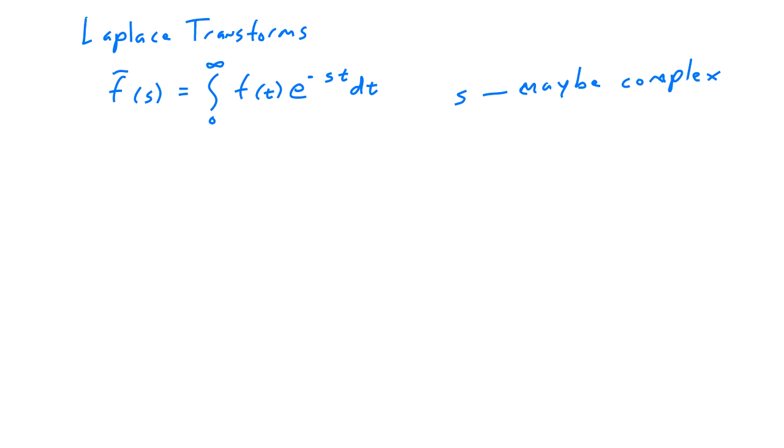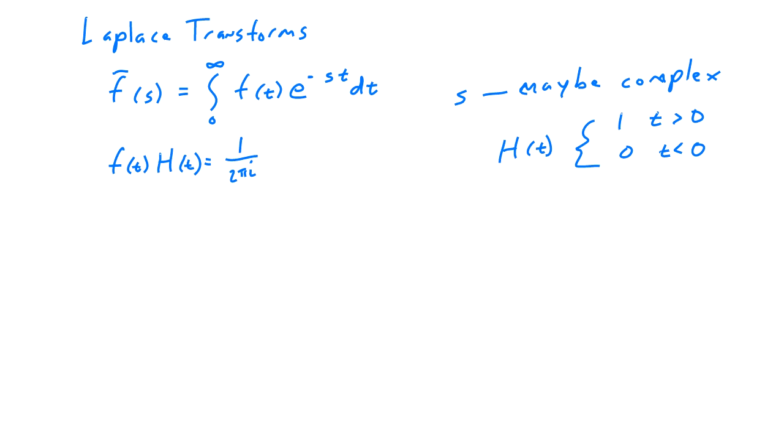And the inverse transform, in this case, has to deal with the Heaviside step function, where H(t) is the Heaviside step function. It's equal to 1 if t is greater than 0, and it's equal to 0 when t is less than 0. And so it is equal to 1 over 2πi times the integral over some area of the transform times e^(st) dt.